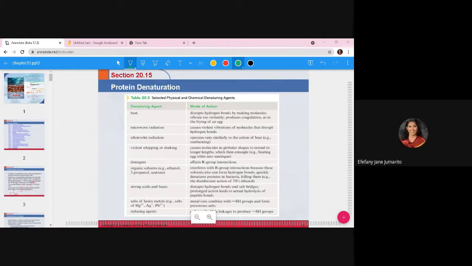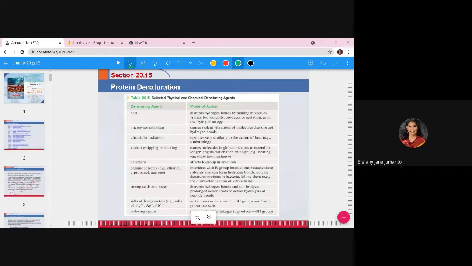So, that's all for proteins. Again, proteins is a polypeptide, formed from a peptide bond. We have essential amino acids also, meaning our body needs them because it can't make them.